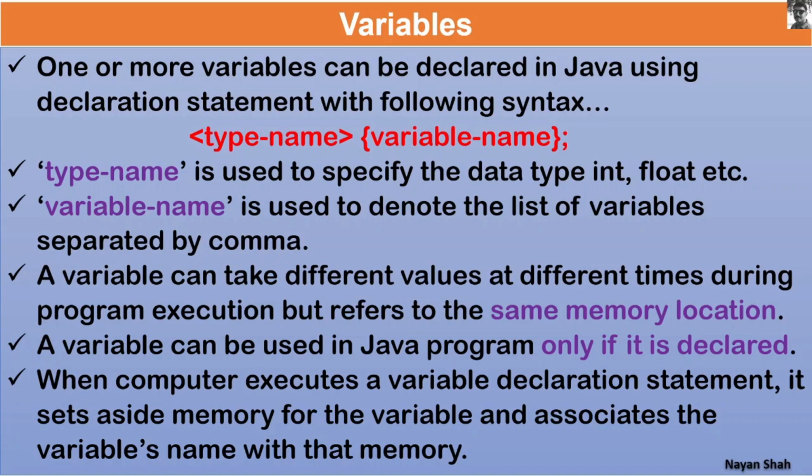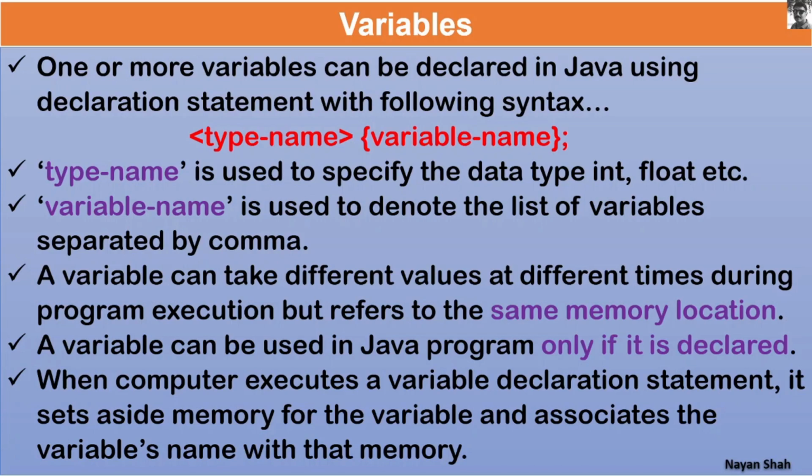When the computer executes a variable declaration statement, it sets aside memory for the variable and associates the variable's name with that memory. So when we declare a variable in a Java program, the computer will reserve a memory space depending on the data type of the variable.